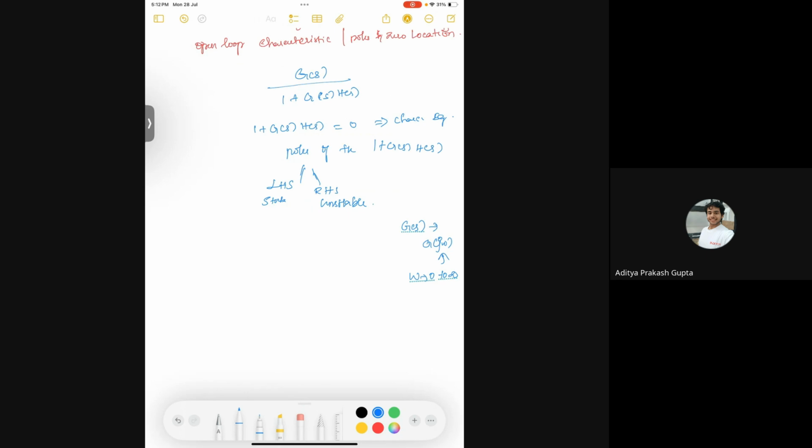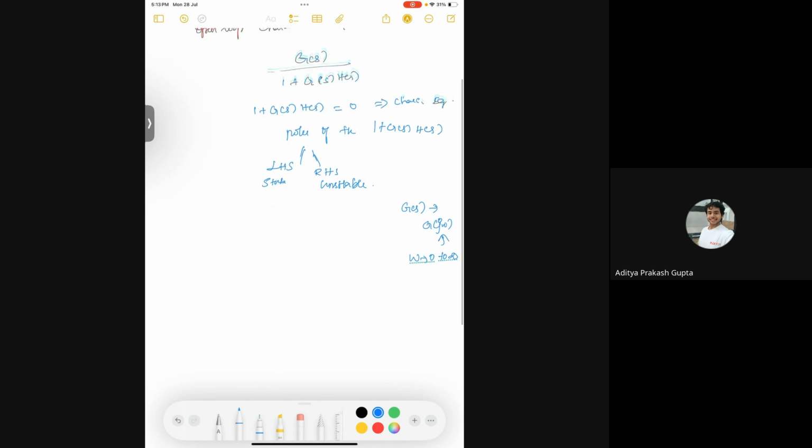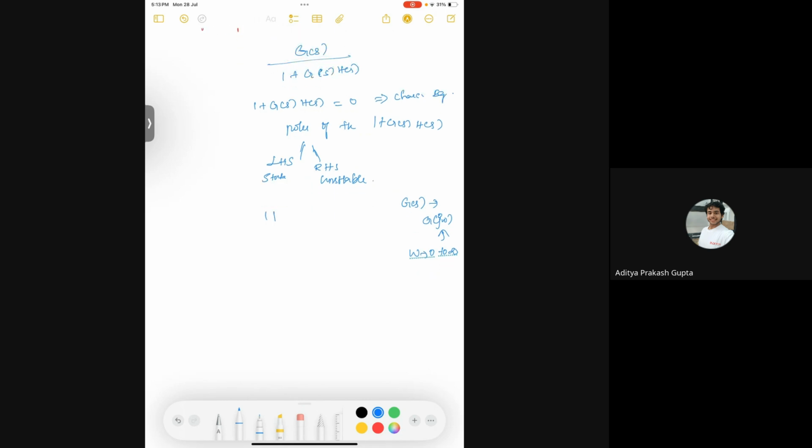Right. So how are we going to measure the stability based on the Nyquist plot? Instead of finding the response with respect to 1 plus G(s)H(s), we are going to consider only G(s)H(s), that is the open loop response. So this will be centered around -1.